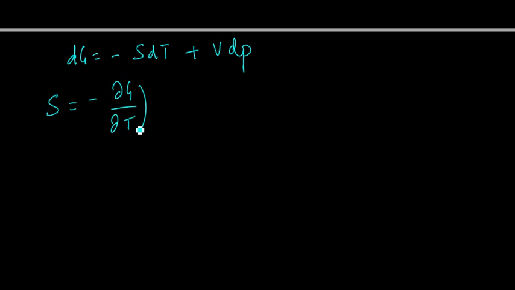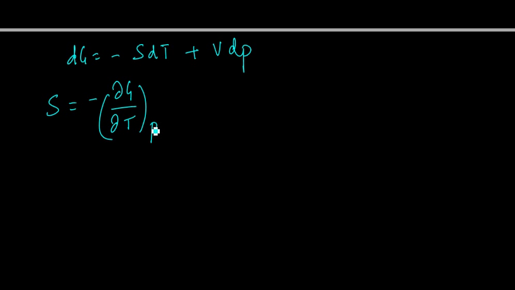So let's write the fundamental equation again. dG is equal to minus S dT plus V dP, right? And from here let's try to put all the variables now. S is equal to minus of del G by del T at constant pressure.